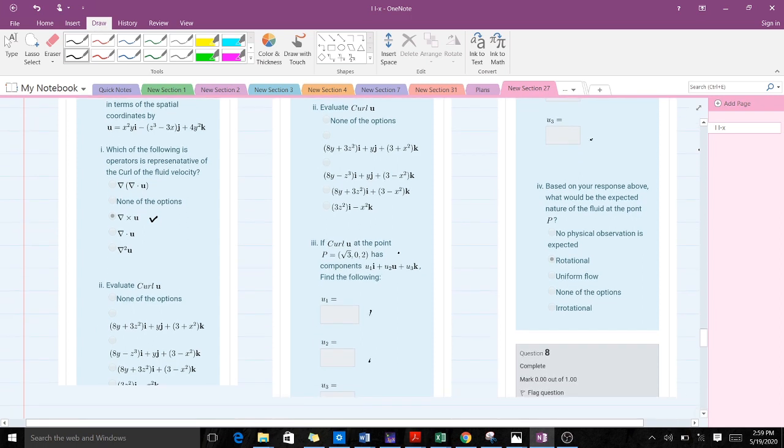Based on our response, you are supposed to tell whether our vector field is rotational, uniform flow, none of the options, or irrotational. Okay, so let's go through that.